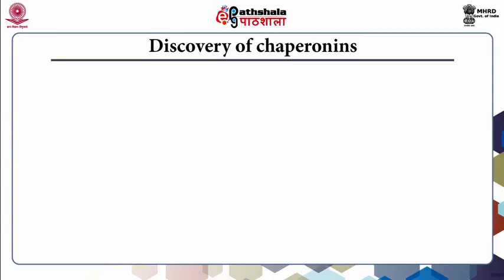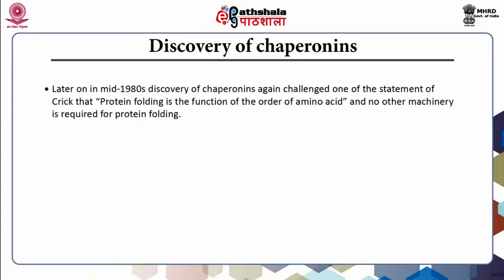Discovery of chaperonins was another challenge for the explanation of central dogma. In the 1980s, chaperonins were discovered. Their discovery challenged the statement of Crick that protein folding is a function of the order of amino acids and no other machinery is required for protein folding.